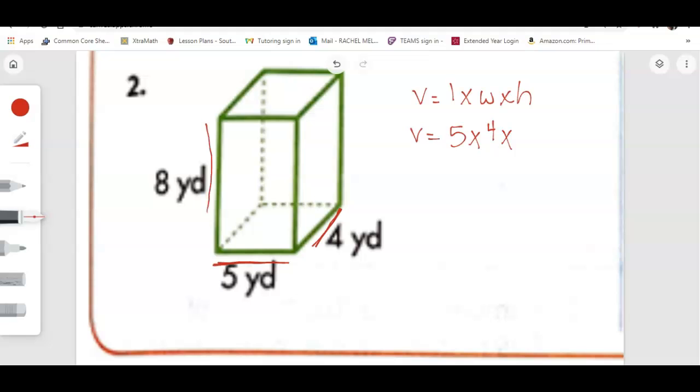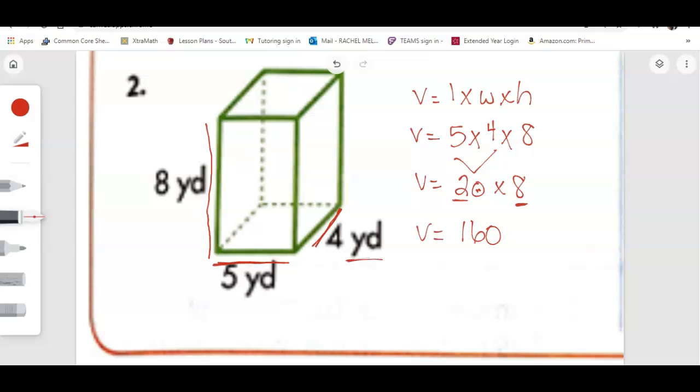And then my height is here, so that's 8. Let's see. I'm going to do 5 times 4 is 20. I know that if I do 2 times 8, that gives me 16. And then I can take this 0 and put it here at the end. So 20 times 8 is 160.